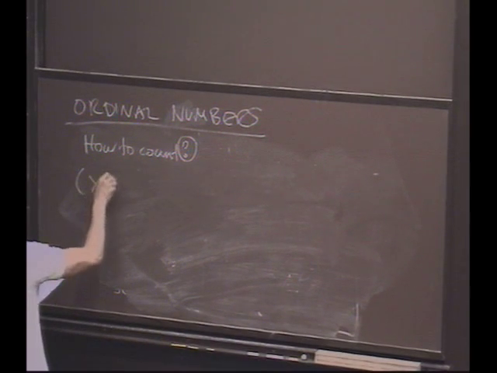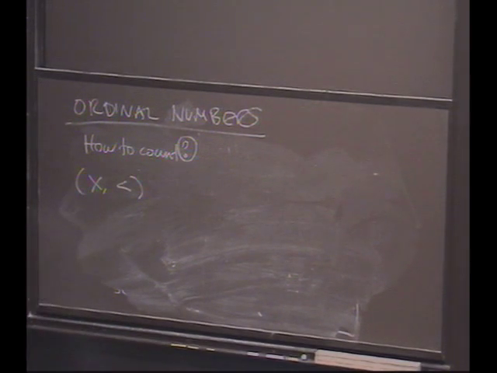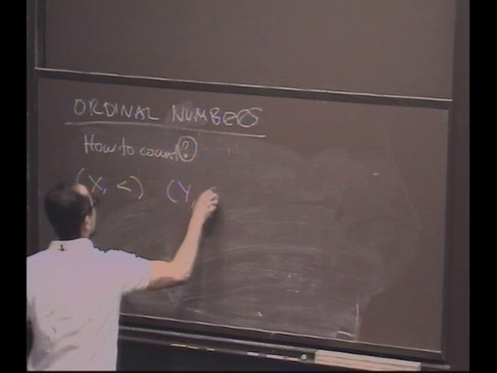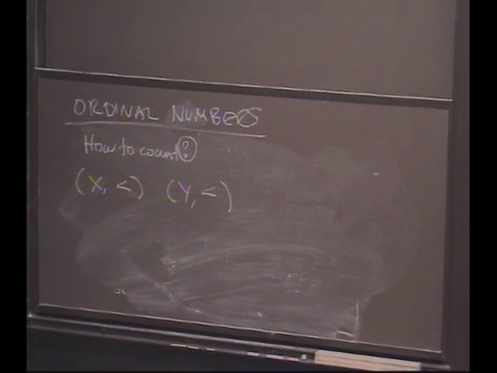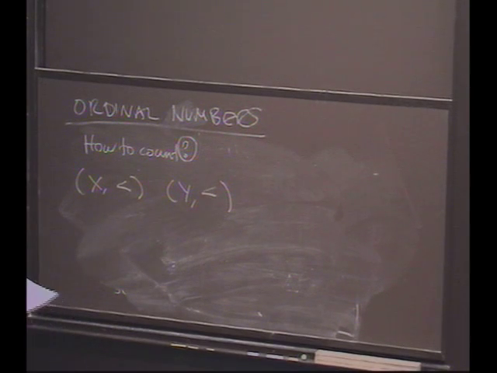So suppose I have a set X with an order on the set, and maybe another set Y with an order on the set. An example might be the real numbers with the usual ordering, or the natural numbers with the usual ordering, or a set of vectors with the lexicographic ordering. Okay. Well, let me define what I mean by an order type.